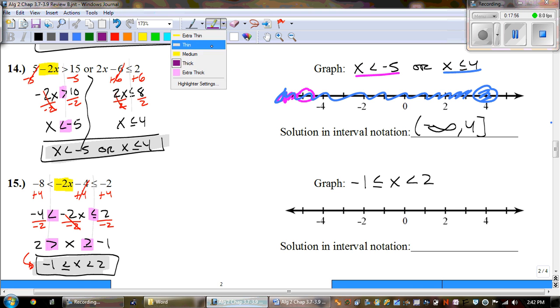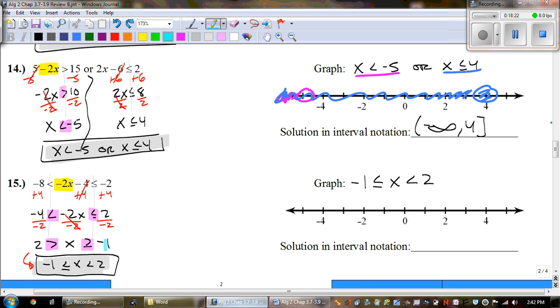Okay, so as we're going through this one, I added 4 to both sides and then I divided by negative 2. When you divide by negative 2, I had to flip all of the signs. But then if you notice something, where the 2 and the negative 1 are, they are not in order from least to greatest. So we had to rewrite that to negative 1 less than or equal to x less than 2.